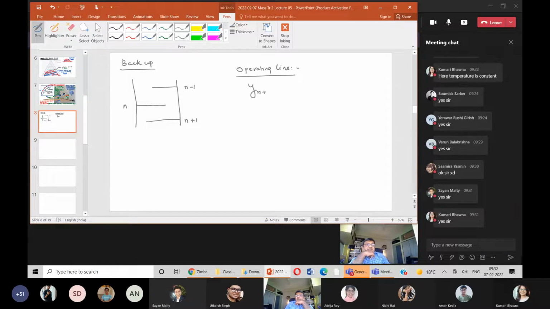The operating line's equation was yn plus 1 equal to some factor, God knows what, times xn plus something. So what is yn plus 1? Yn plus 1 is the vapor coming from the n plus first stage, and xn is the liquid coming from the nth stage, right? And in a distillation column, every stage is called an equilibrium stage. You have done it in your mass transfer 1, and you will need it in your process equipment design.